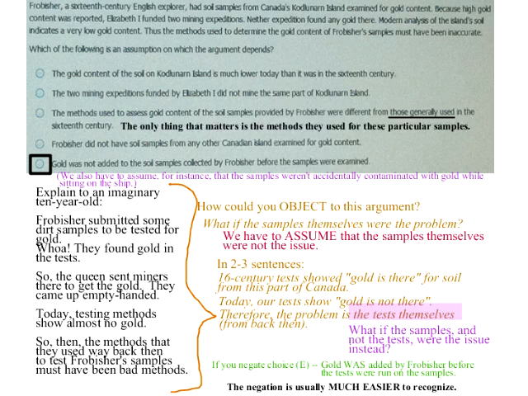For these particular samples. Yeah. So, it's like if I say you estimated your body fat percent using a set of calipers, and you got results that were crazy, then if I say most people estimate body fat by submerging themselves in water instead of with calipers, it doesn't matter, right?